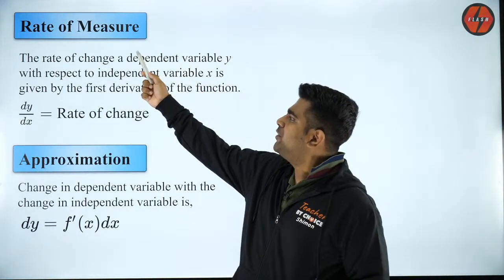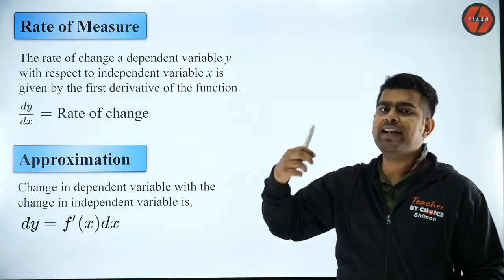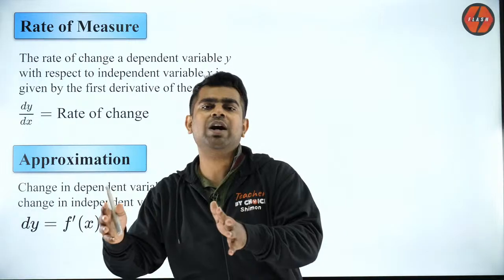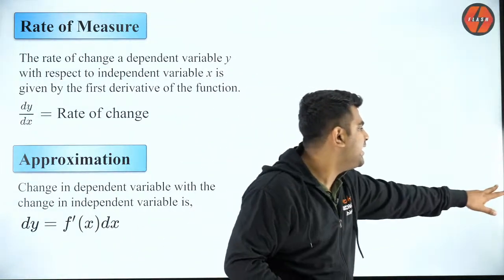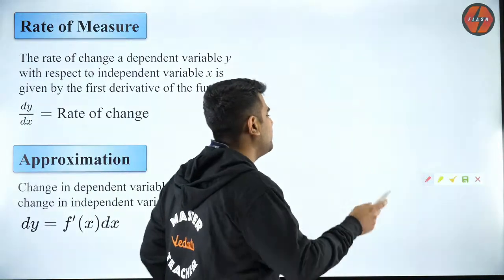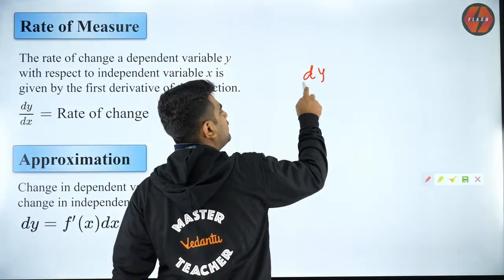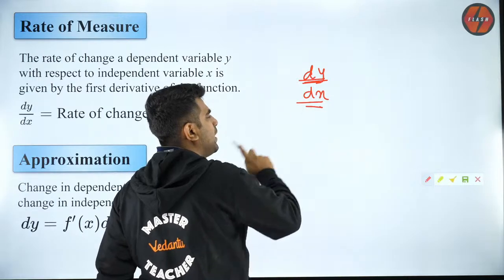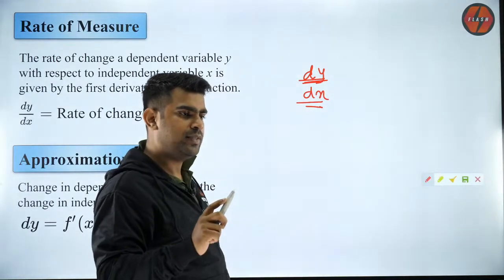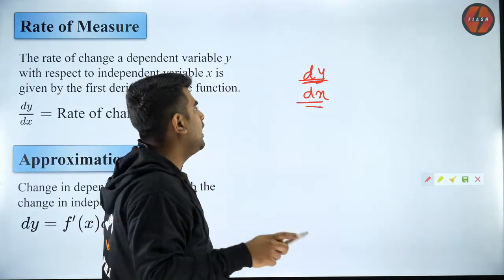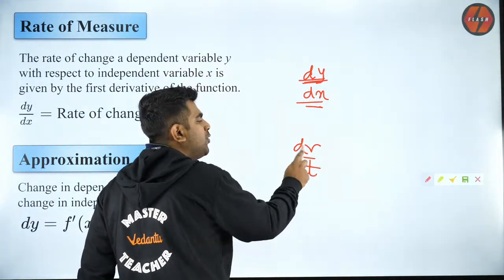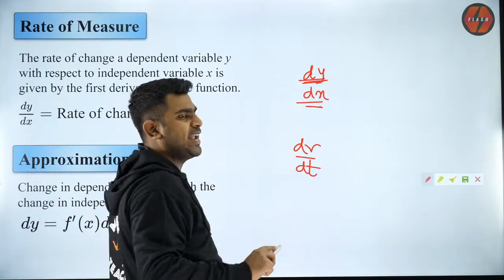So what do we have here? Rate measure. So we are trying to find out how one quantity changes with respect to another. So when I say dy by dx, what do I actually mean by that? So dy by dx means I am trying to track how my y changes with respect to my x. Got it? And if I say dr by dt, I am trying to find out how my radius changes with respect to time.